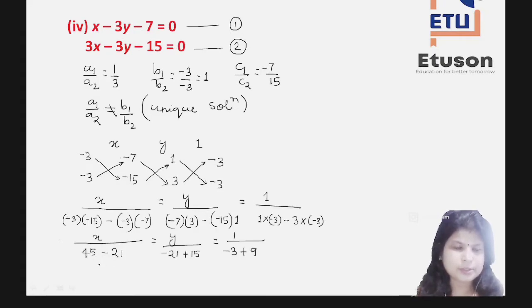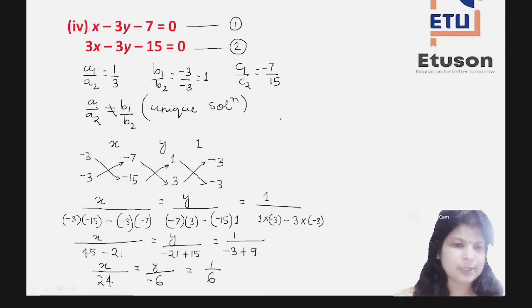Correct? So let us solve it now. x divided by 45 minus 21 is how much? It is 24, right? 24. What is the value of y divided by minus 21 plus 15? It is minus 6. And 1 divided by minus 3 plus 9 is 1 divided by 6.